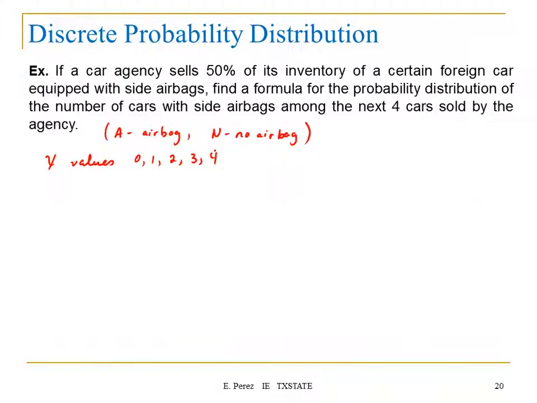For this problem, it's very easy to define the number of outcomes. You have 2 options and 4 elements, so 2 to the 4 is 16 points or outcomes.